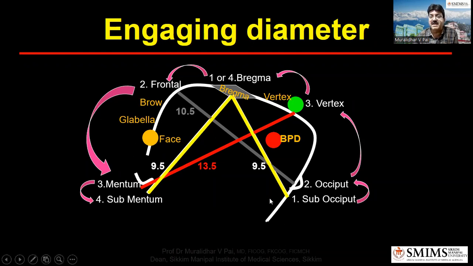Now, in between, you have a deflexed head, that is occipitofrontal, and de-extended, if I can use that word, or semi-extended head, that is brow presentation, mentovertical. I hope this is very clear. And the engagement with respect to the transverse diameter, that is BPD, biparietal diameter, is also 9.5, but that is only to be used to say whether it is engaged or not engaged, not the engaging diameter.